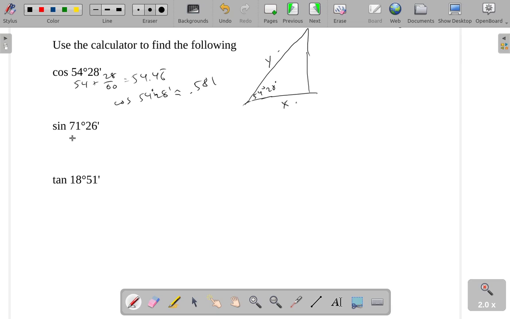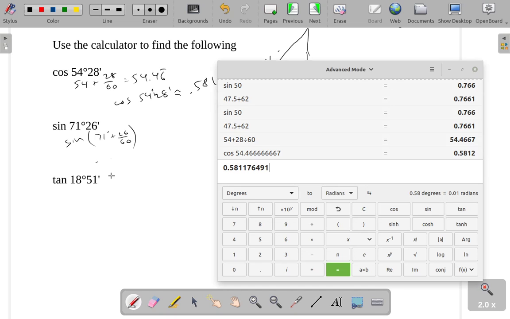Alright, for the sine of 71 degrees 26 minutes, so 71 plus 26 over 60. Sine of this is equal to... I don't really need to evaluate that in two separate calls on the calculator.